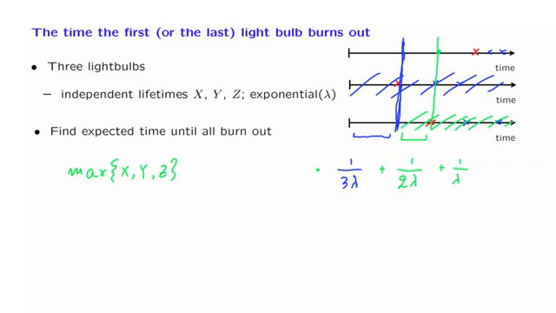But we managed to find the expected value of this random variable without having to write down its distribution by breaking this random variable into a sum of three particular random variables, each of which had a nice intuitive interpretation, and that was the key to the solution of this problem.